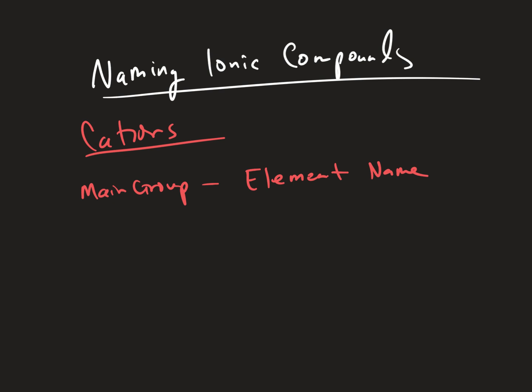For example, Na plus is called what? Sodium. The name of Na is sodium. So this is the sodium ion. Good?